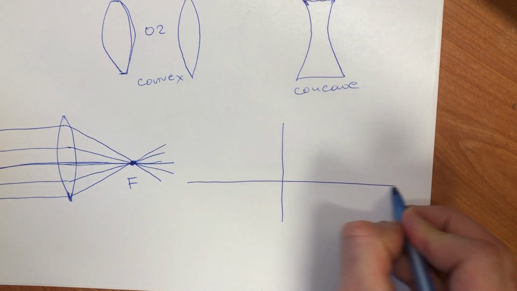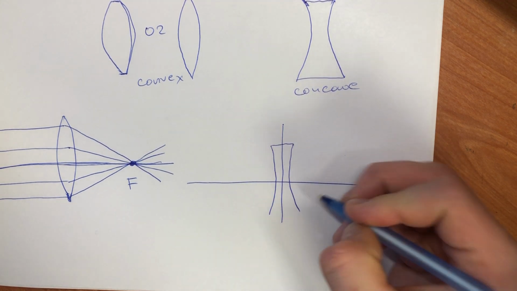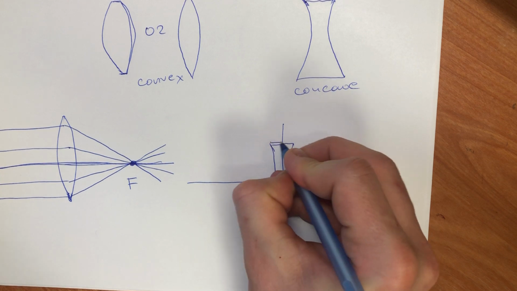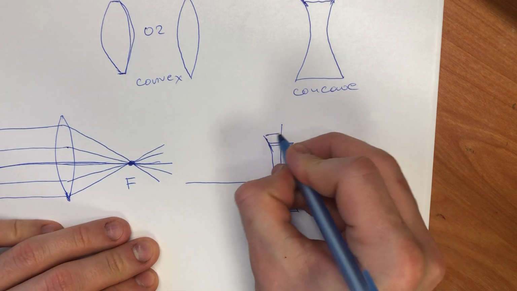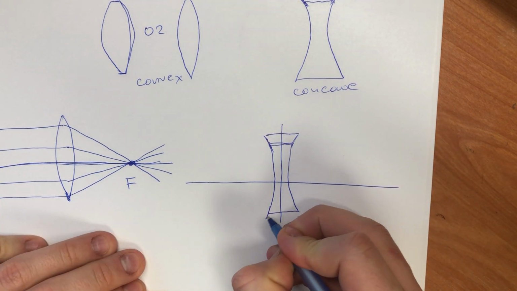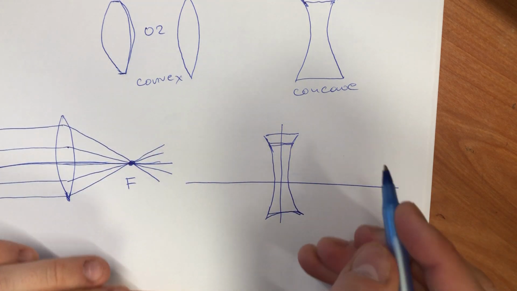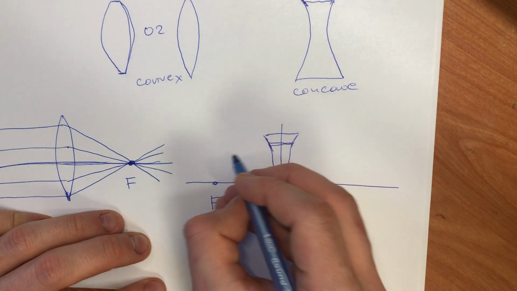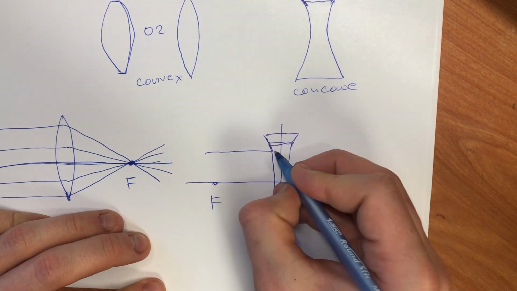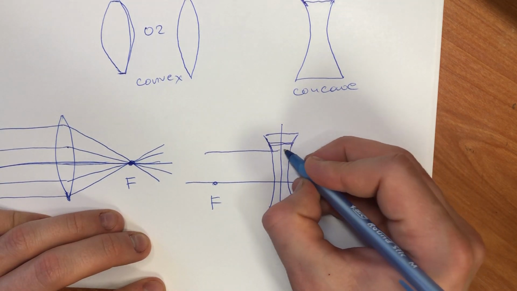Now when we have a diverging lens, let's make it nicer. When we have this diverging lens, we have the focal point on the left, and when the light rays are coming parallel with the optical axis, they are diverged.